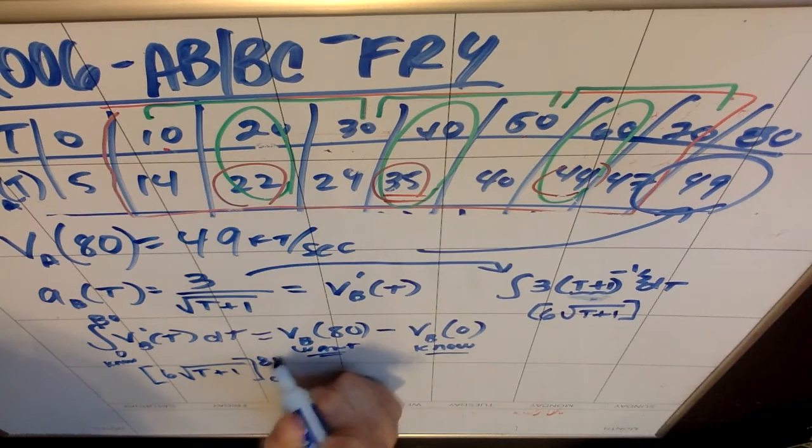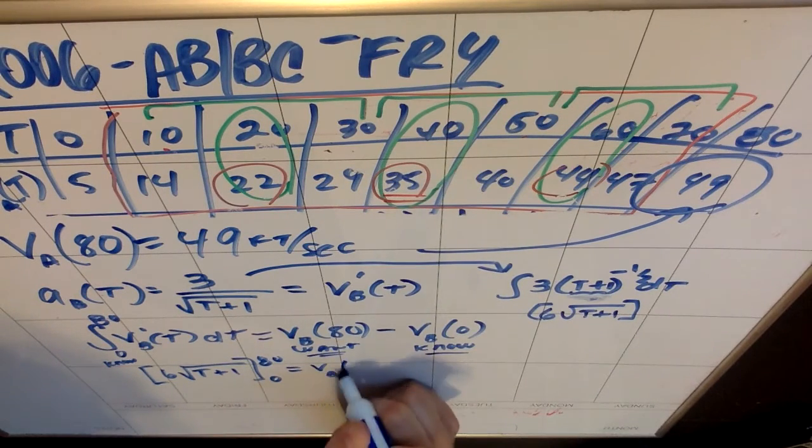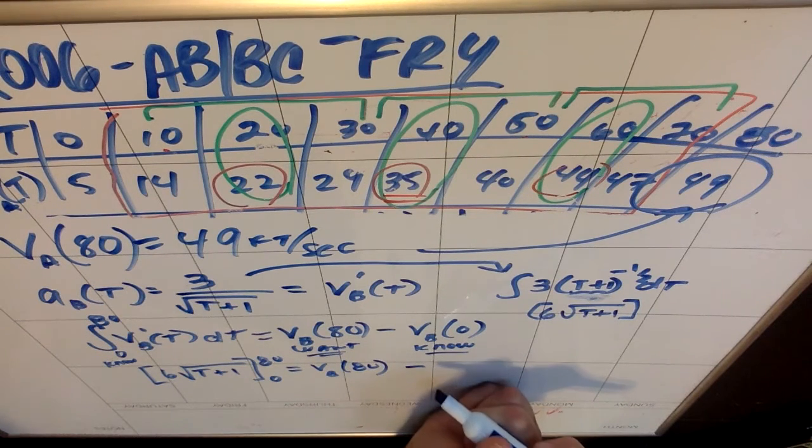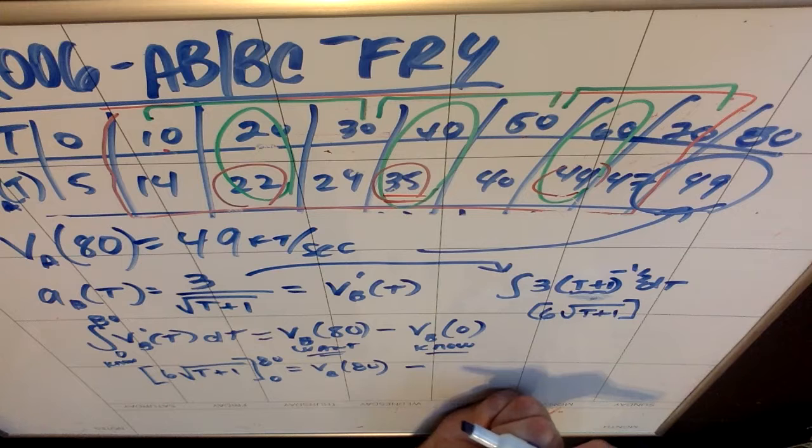evaluated from 0 to 80 equals my V_B of 80, which is what I want, minus my V_B of 0, which I believe they told me was the initial velocity, 2 feet per second, I believe. Right.